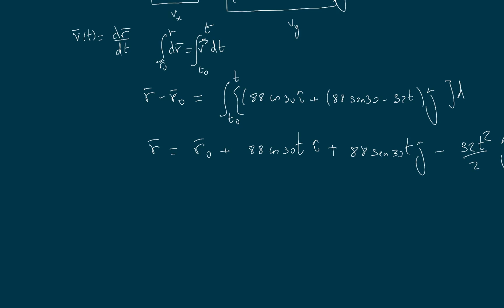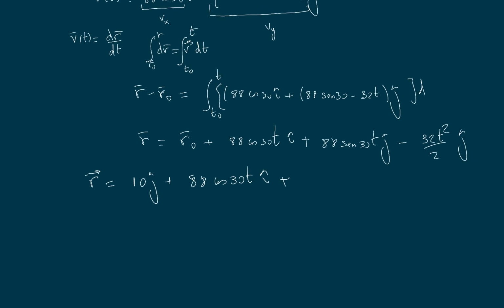So the equation that I will find is r equals r0, which is 0i plus 10j, plus 88 cosine of 30 times t i plus 88 sine of 30 t j minus 32 t squared divided by 2 j.